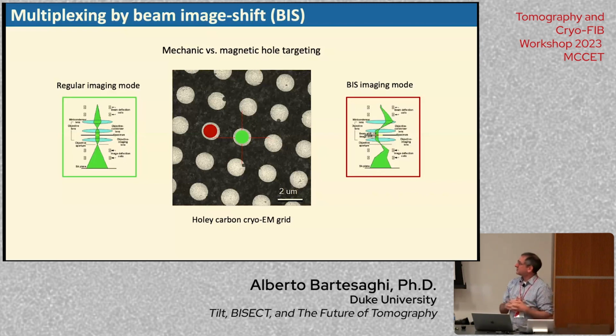That is one of the reasons why traditional cryo-electron tomography is so slow, because all these mechanical movements introduce a lot of delay. So using this technique, you can image multiple areas for every movement of the stage.